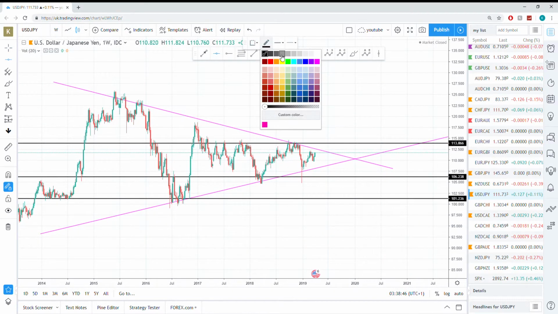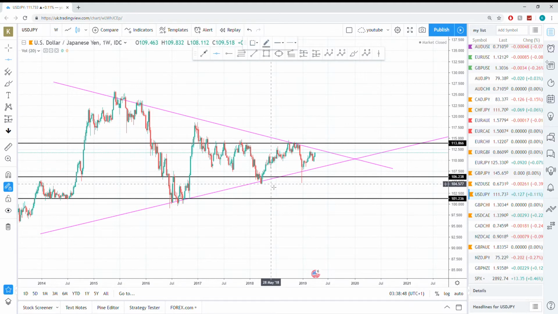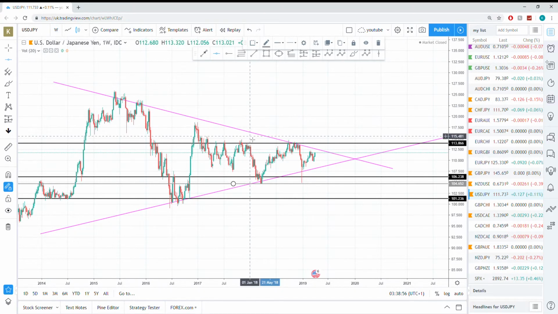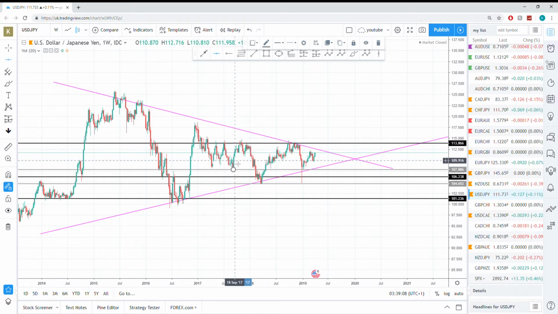So like I said, I change colors as I go down on the time frames, just to make it visually better for myself. So somewhere like here. What else can we see? Something like that.